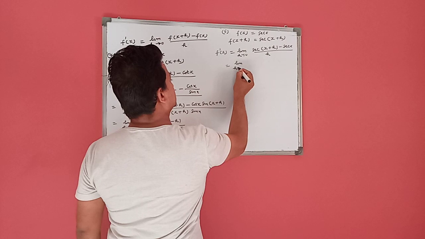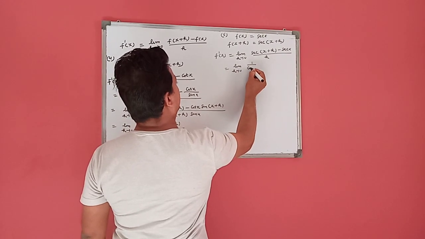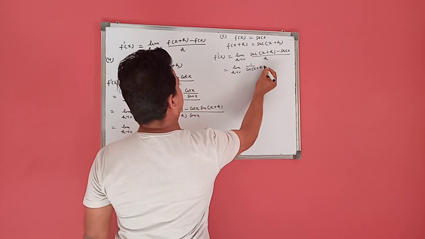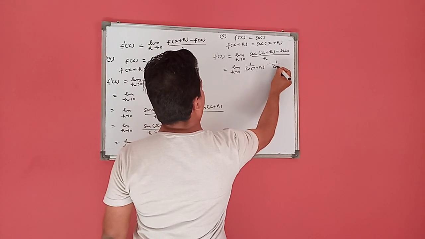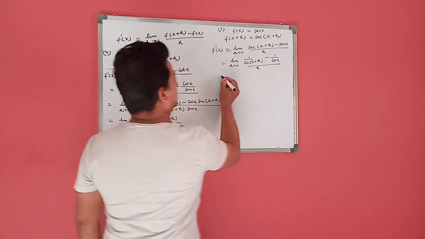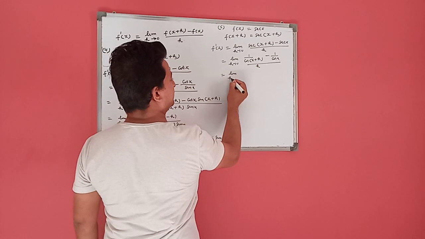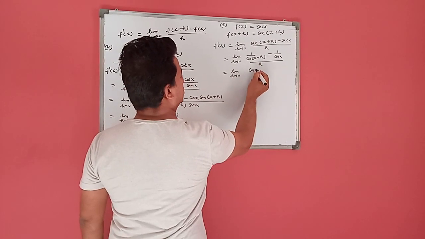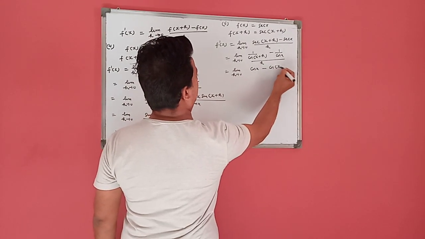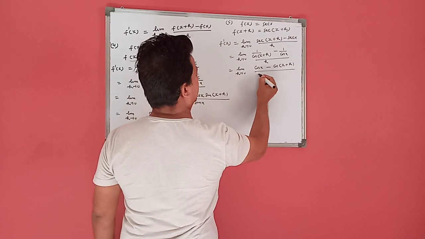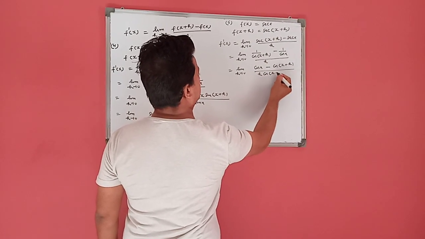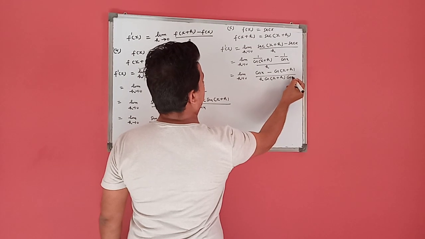As we know, secant is equal to 1 upon cos. So this is 1 upon cos(x + h) minus 1 upon cos x. Take the LCM. This is cos x minus cos(x + h), over h cos(x + h) into cos x.